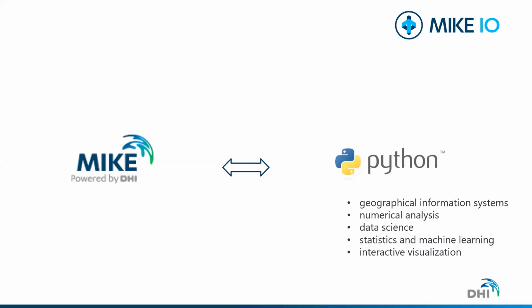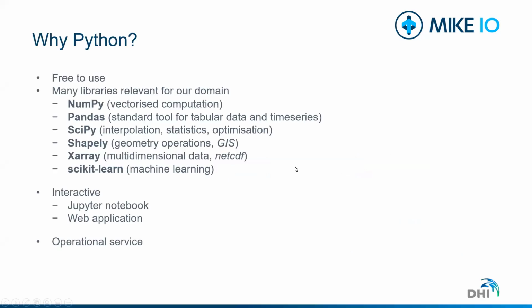So why? The aim of this library is to be able to exchange information between Mike model simulation files and Python. And why Python? Because Python is free to use. That's quite important.